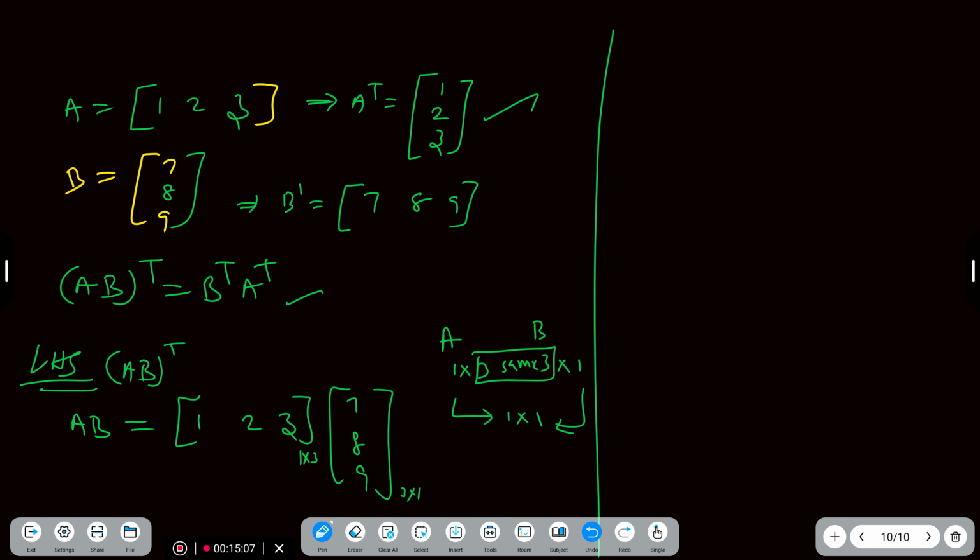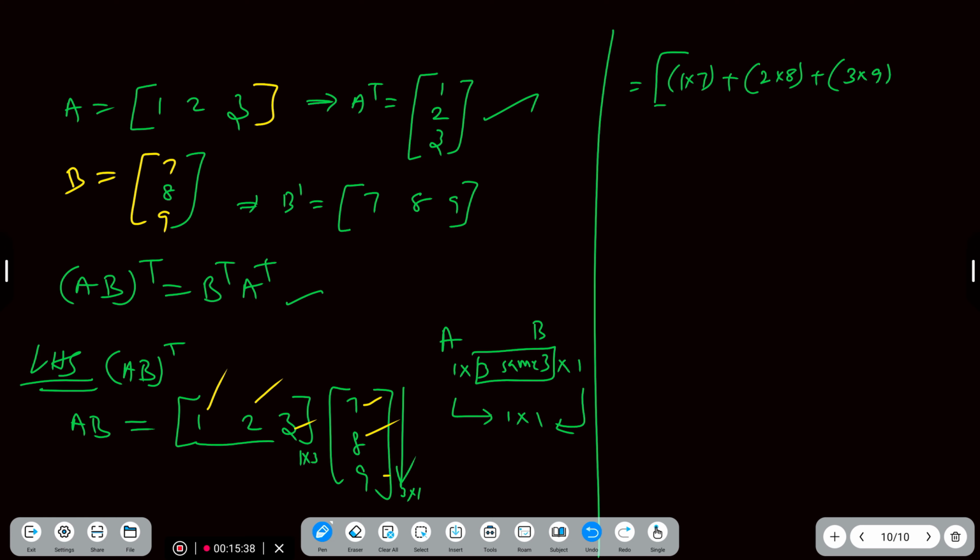Now see, children, how to do this product. One row with the column, each number is multiplied and then added. First element with the first element: 1 into 7. Next, the second element with the second: 2 into 8, plus. Now 3 into 9.